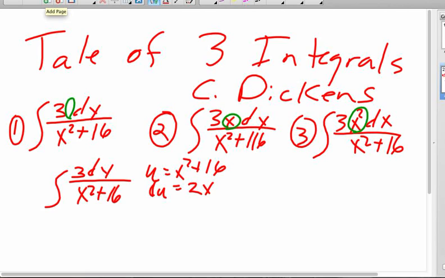What's happening with this one is, if you look down at the denominator, we've got a sum of squares. This is an inverse tangent. Anytime you get a sum of squares or a difference of squares or some kind of a square rooty thing with squares inside of it, look at your inverse trig functions. So what I'm going to do here is, well, this is wrong.